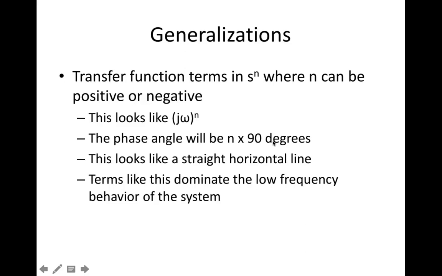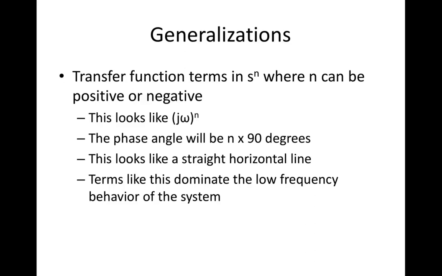And like the magnitude plot, whenever we have an s to the n term, this dominates the low frequency behavior. The difference from the magnitude plot is that this is a straight horizontal line. So there's nothing analogous to a 20 dB per decade or a minus 20 dB per decade slope. It's just a constant horizontal line.